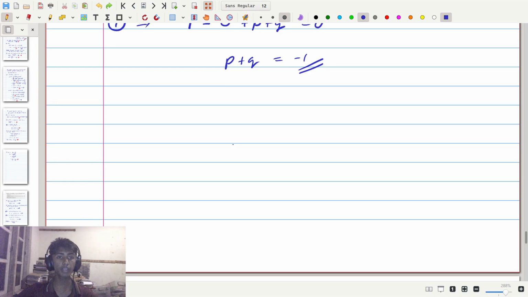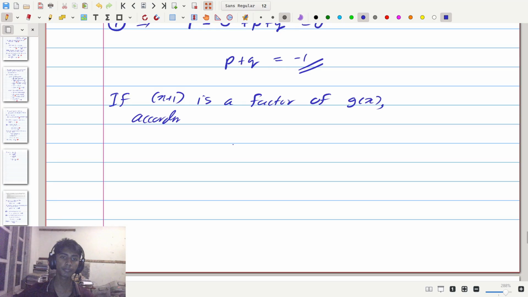So we can write something like, if x plus 1 is a factor of g of x, then according to the factor theorem, g of negative 1 must be equal to 0. Now we can test this by substituting negative 1 into g and seeing what we get.